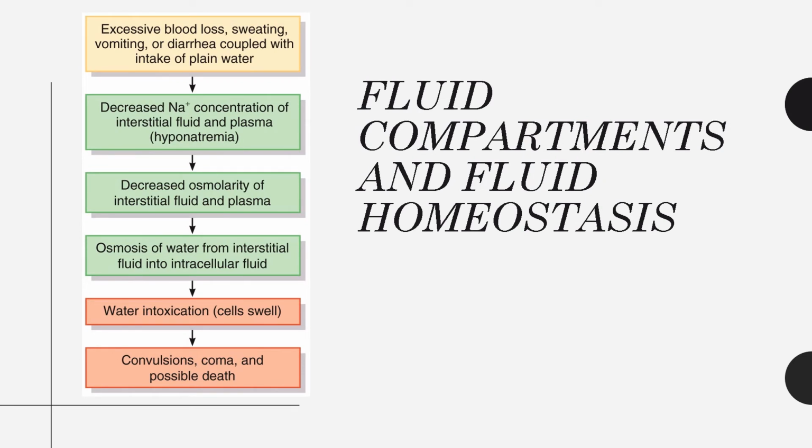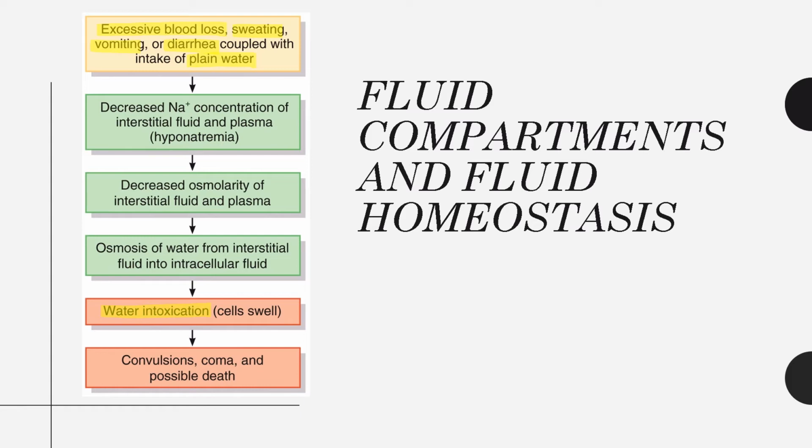So here we have a figure that shows the series of events that would occur in water intoxication. We have water intoxication here at the bottom, so we're going to go over the steps that would lead to that. At the top here, if there's excessive blood loss, excessive sweating or vomiting or diarrhea, and this fluid loss is replaced by drinking plain water, so water without ions, with no electrolytes or anything, then the body fluid becomes more dilute.